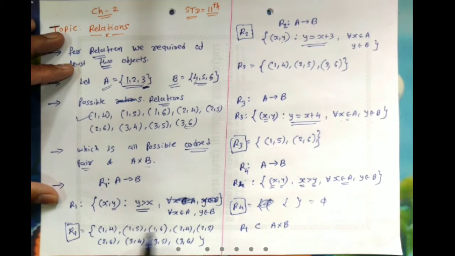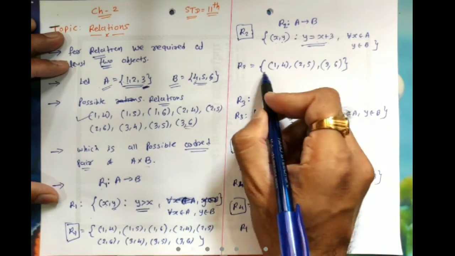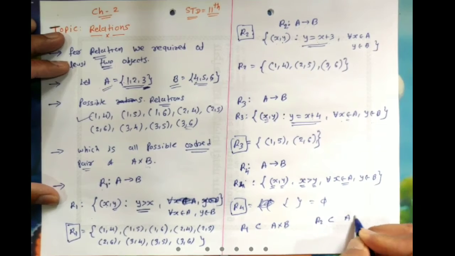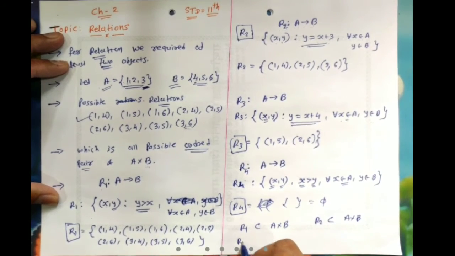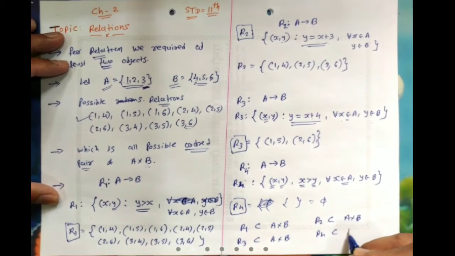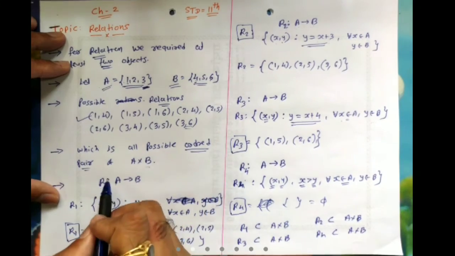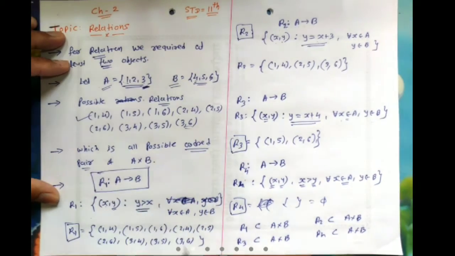So R1 is all possible ordered pairs belonging to A cross B. Similarly R2, all these ordered pairs are a subset of A cross B. Similarly, R3 is a subset of A cross B and R4 is a subset of A cross B. In short, we can say that all relations between set A and set B are subsets of A cross B.